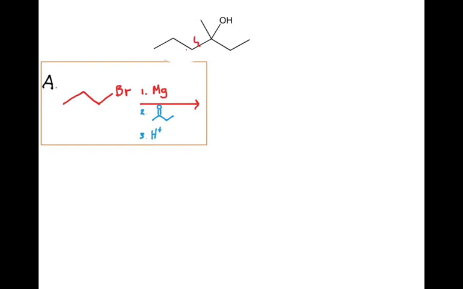So the first pathway we took is we broke that bond there. Now I'm going to take a different path and I'm going to break this bond. Again, what that does is that makes this the electrophilic carbon, and that makes this piece in red the nucleophilic carbon. So here's one piece, one carbon, as the nucleophile, and the rest of this is my electrophile.